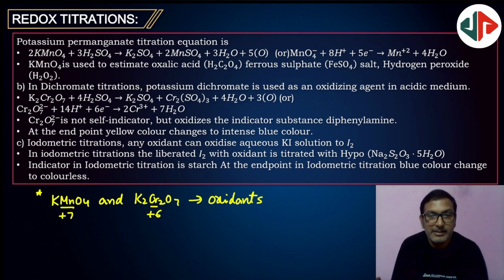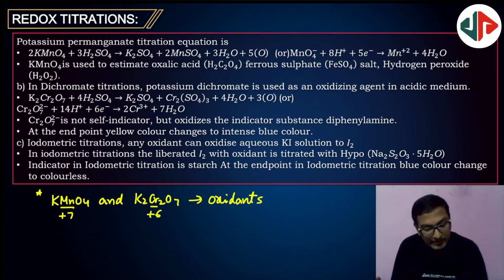Highest oxidation states mean always oxidizing agents. Next, in acidic medium, it changes to Mn2+, therefore n factor 5. Next, permanganate titrations: KMnO4 is used to estimate oxalic acid, ferrous sulfate or hydrogen peroxide. KMnO4 is the oxidizing agent. The remaining compounds, oxalic acid, ferrous sulfate, hydrogen peroxide, are reducing agents.